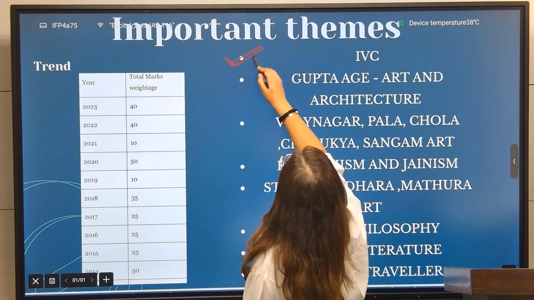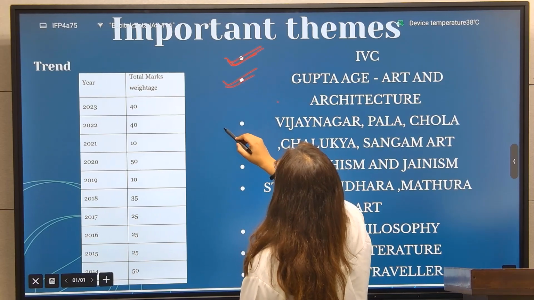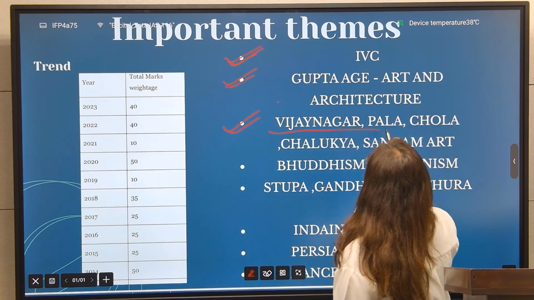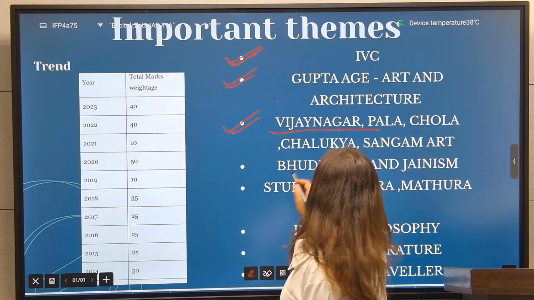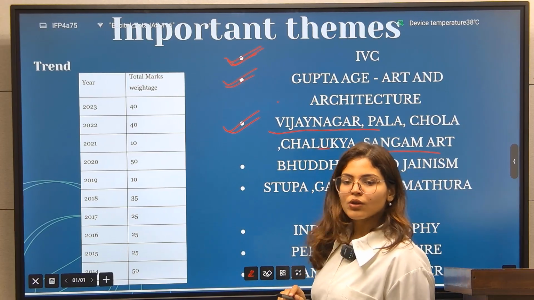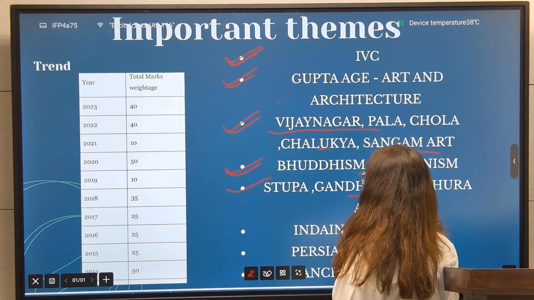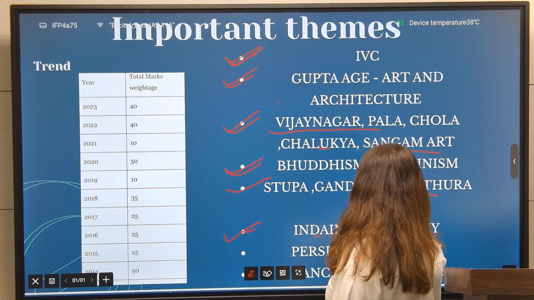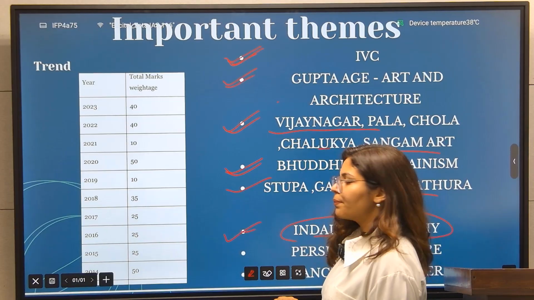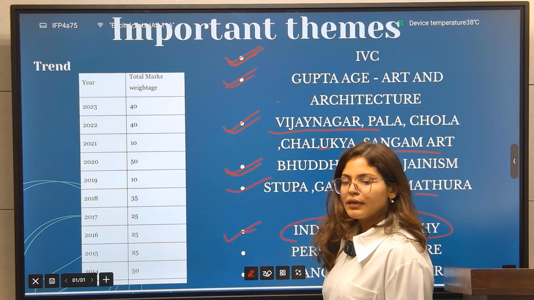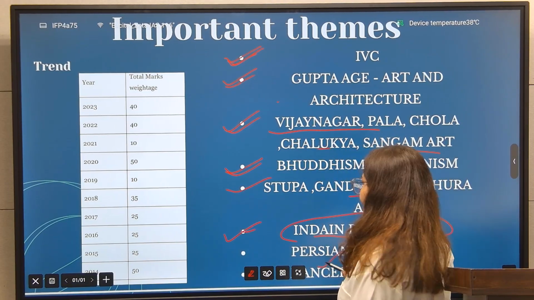IVC, Gupta age and architecture, Vijayanagar, Pala, Cholas, Chalukyas and Sangam art, Buddhism, Jainism, stupa, Gandhara, Mathura art, Indian philosophy, Persian literature, dancer and traveler.